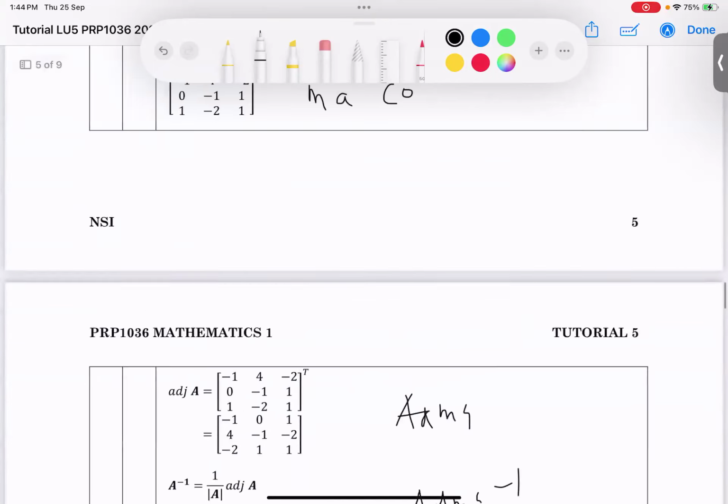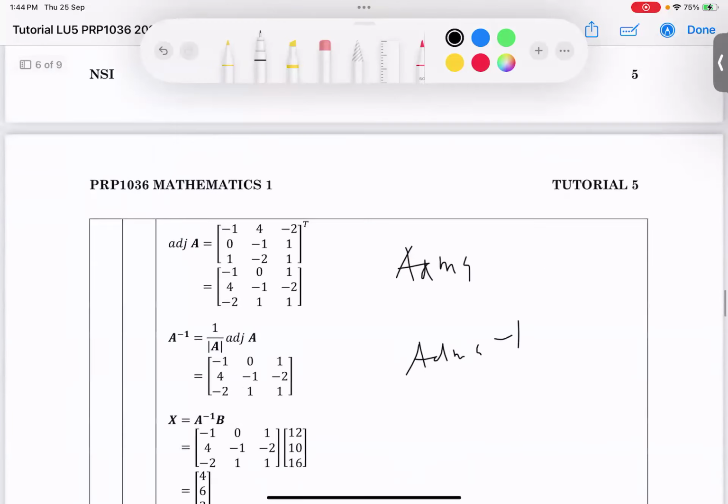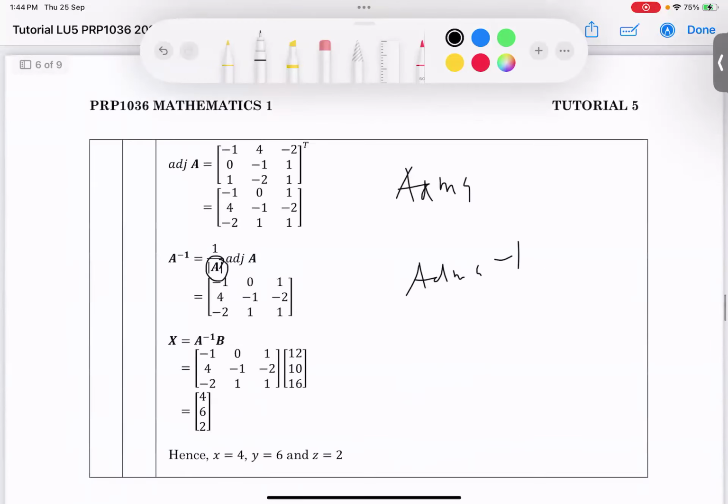Do you notice that the answer that you found here is 1, which is going to be substituted into here? After you substitute, 1 over 1 is still 1, and 1 multiplied by any number still gives back itself. So the answer found in the adjoint of A and the inverse of A is actually the same.